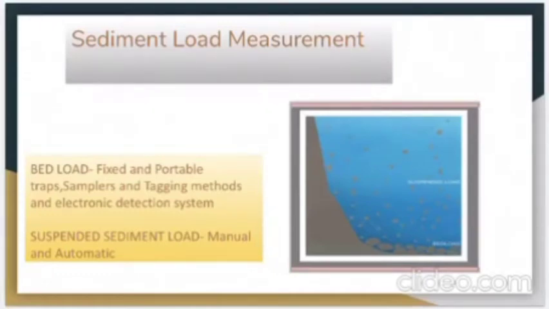Continuous measurements are made possible using turbidity as a surrogate measurement of suspended sediment concentration. An advantage in the use of manual and automatic samplers is to provide samples which can be subjected to further analysis, for example, analysis of particle size distribution, chemistry, etc.